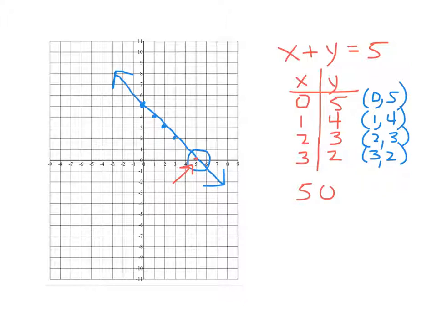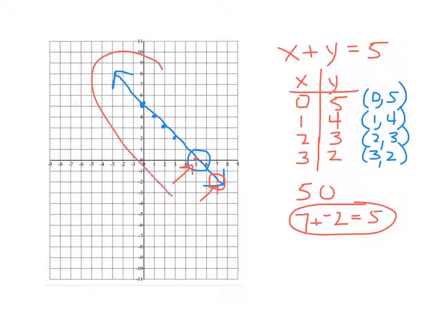It looks like right here, this point, (7, -2), I'm going to put a dot right there, (7, -2) also is a solution. And if I put 7 in for x and negative 2 in for y and add those together, I do get 5 for an answer. So what I've done is I've gone through and I have shown all the possible values for x plus y is equal to 5 by drawing that line.